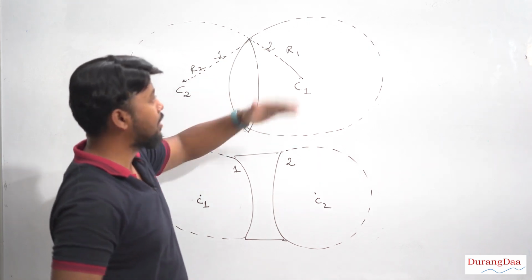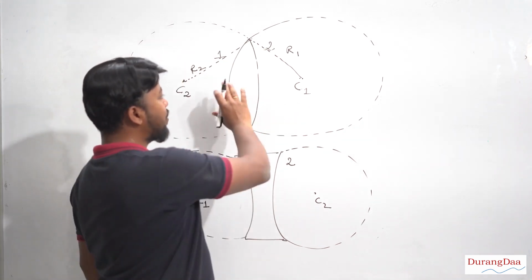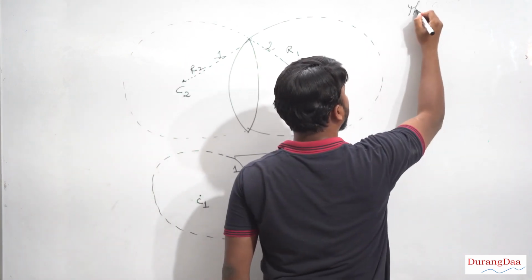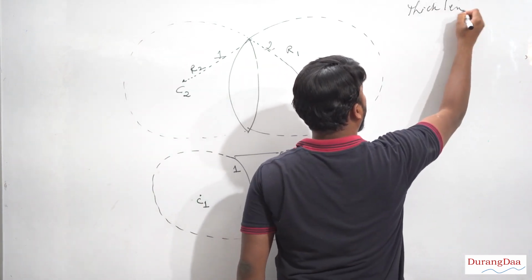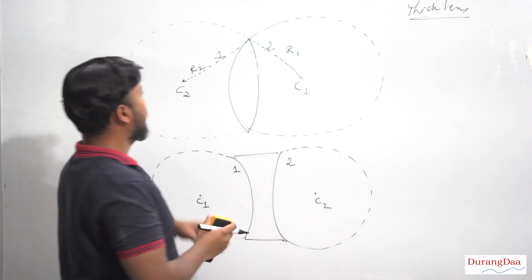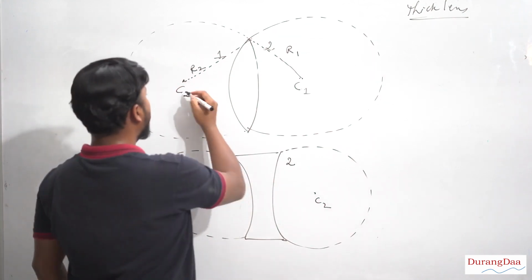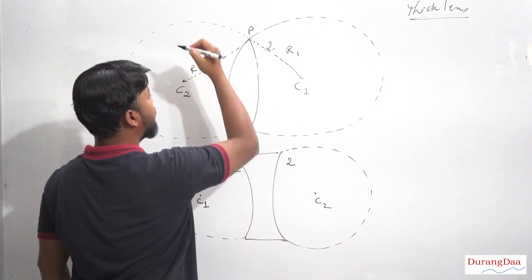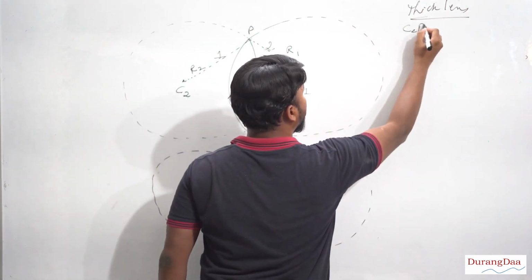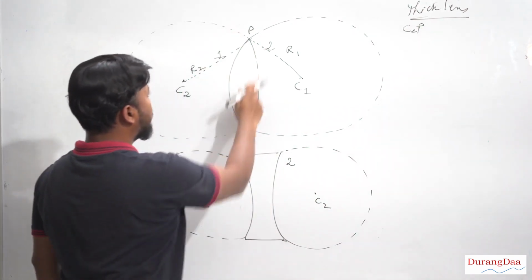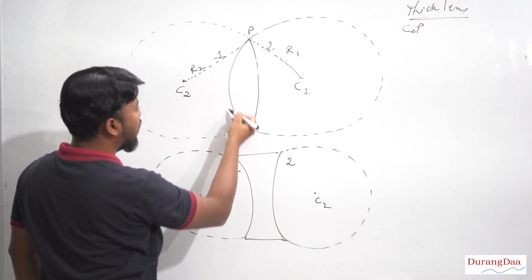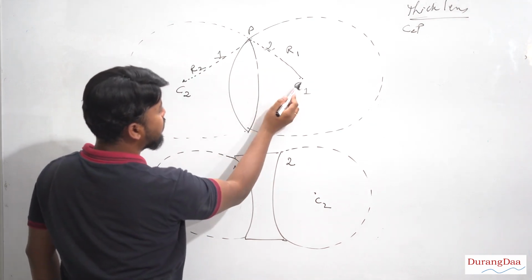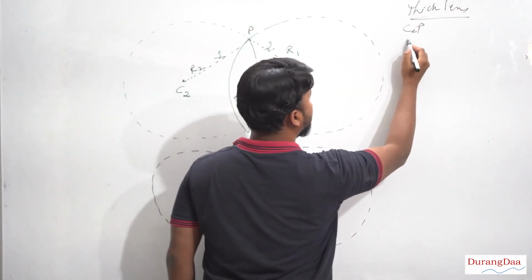So we'll have to just classify it. If you are treating the lens as a thick lens, then your radius of curvature would be C2, let me mark it as P, C2P for this surface. For surface 1, your radius of curvature is C1P.